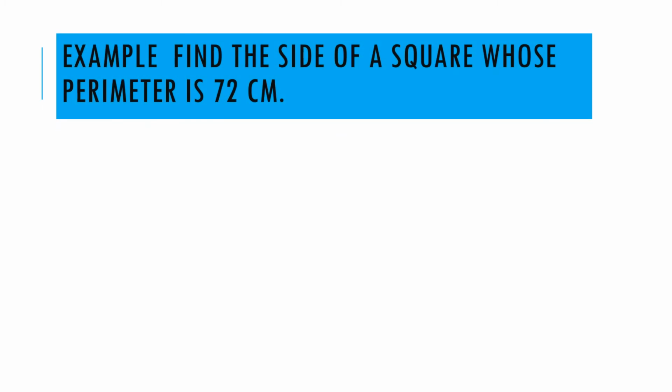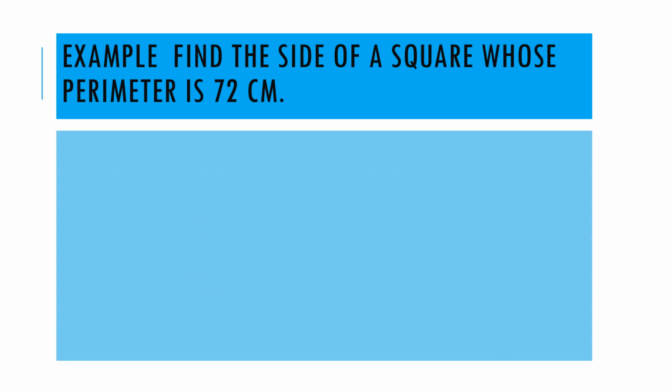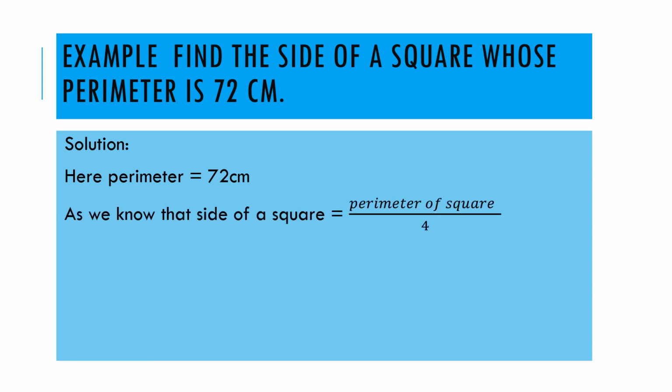For example, find the side of a square whose perimeter is 72 centimeter. Solution: perimeter is equal to 72 centimeter, and we know that the formula is side of a square is perimeter of a square divided by 4.